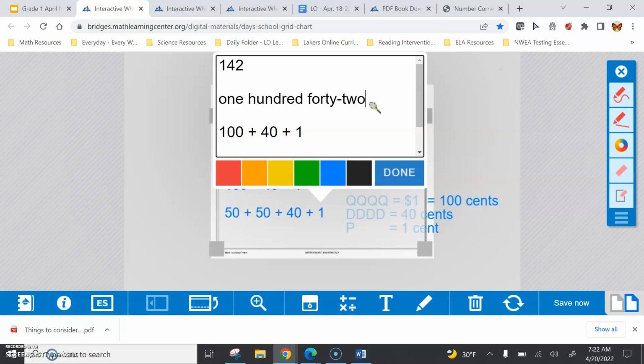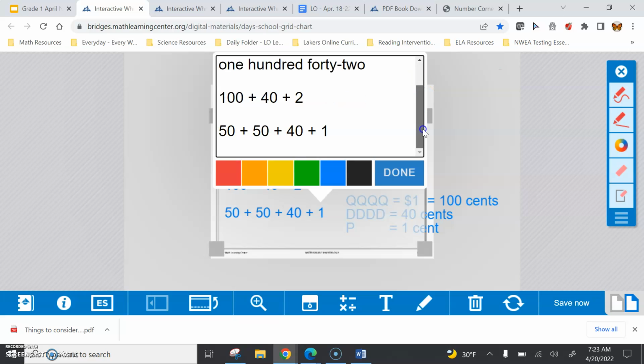to represent 142. We have math equations we've been working on that equal the number of the day. So we have 100 plus 40 plus 2. And then we have 50 plus 50, which we know equals 100, plus 40 plus 2.